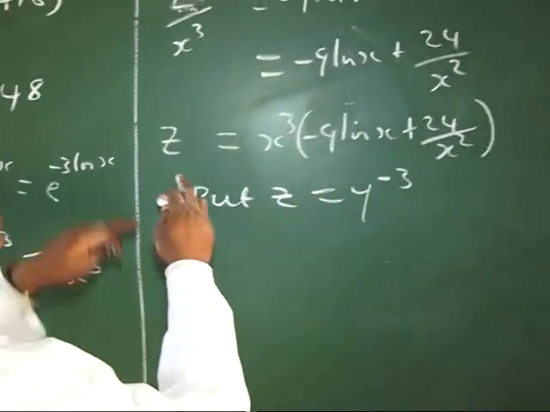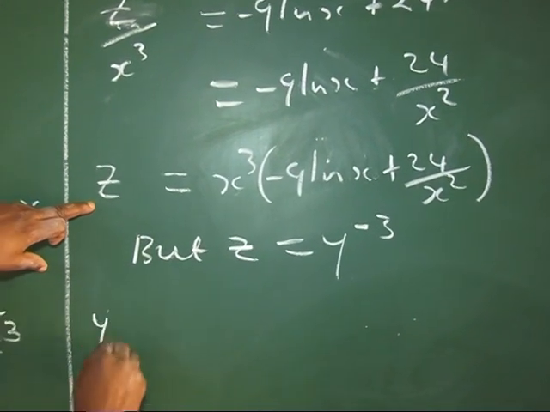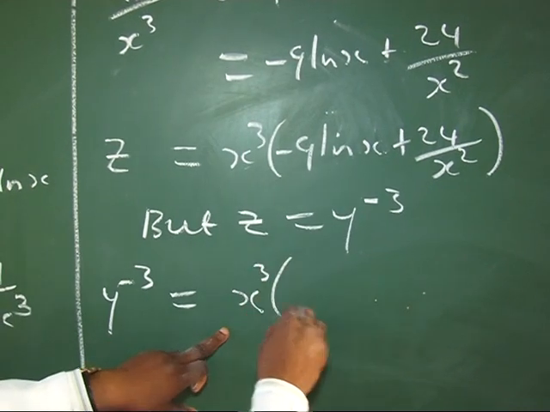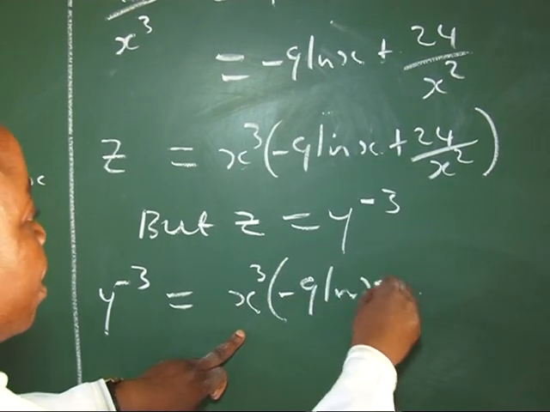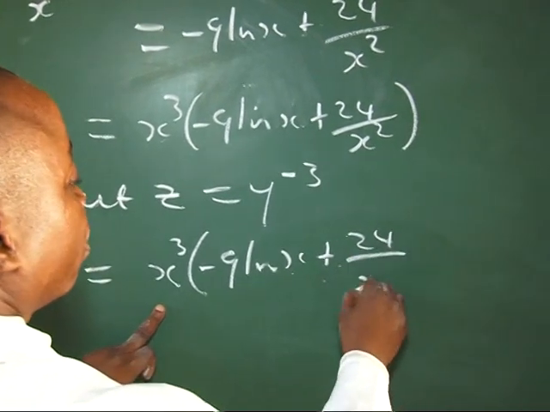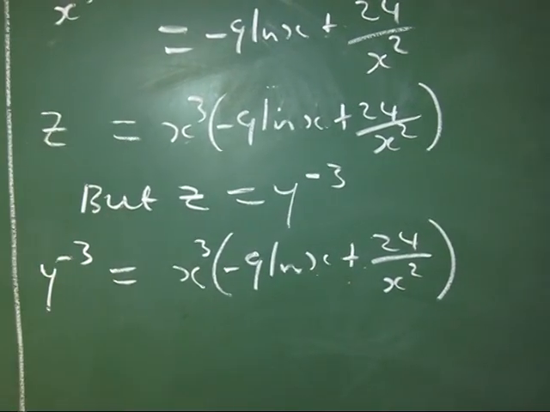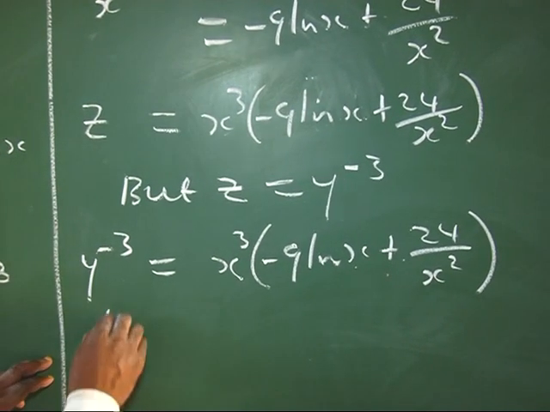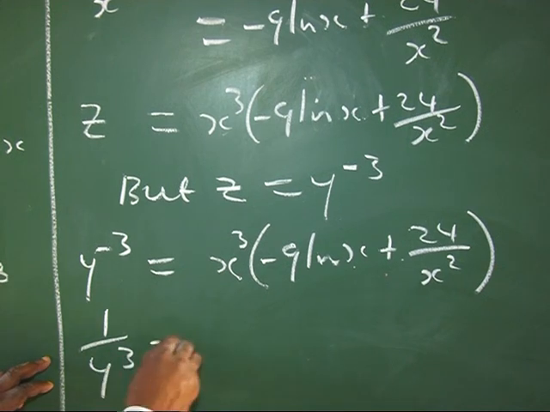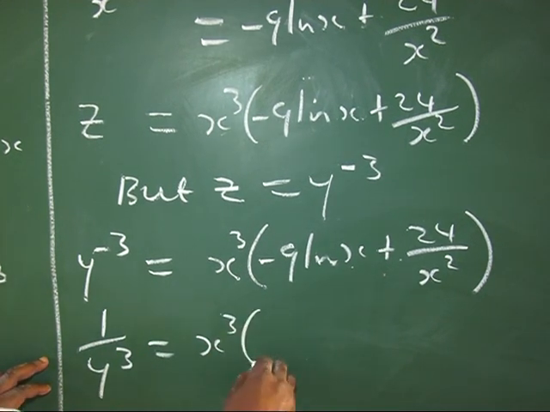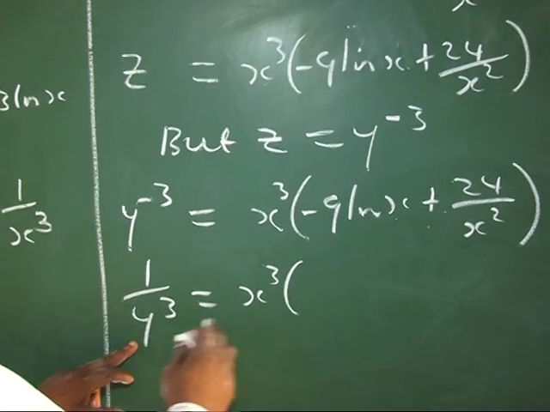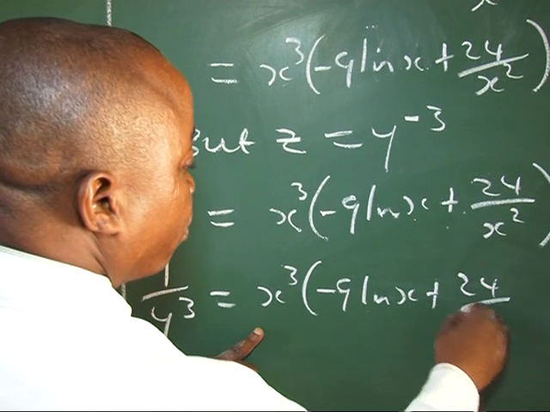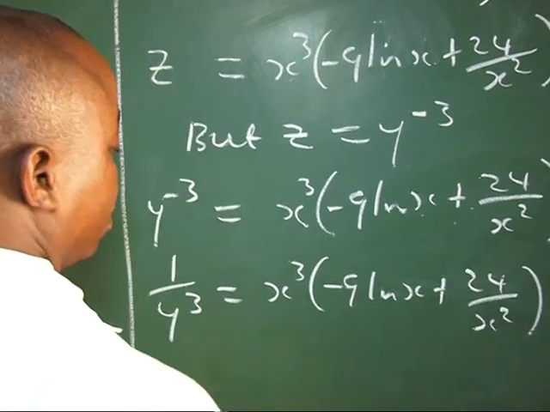So z is this, which means we can write it as y raised to negative 3 is equal x cubed times minus 9 ln x plus 24 all over x squared. Which is the same thing as 1 all over y cubed is equal x cubed times minus 9 ln x plus 24 all over x squared.